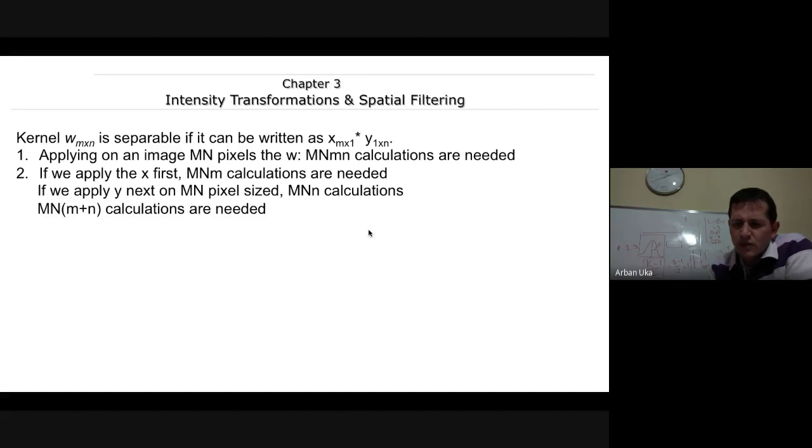Once we are working with several kernels, we can assume the following.